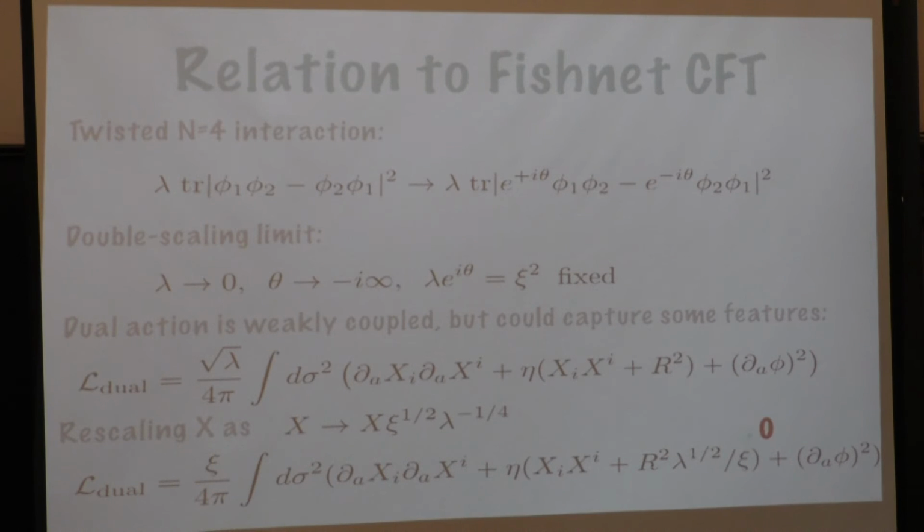So you can say that lambda to 0 is the limit when the radius of AdS goes to 0, the limit when AdS collapses to a light cone. The same is true about S5, which will also collapse to a point. So the expectation from this naive limit is that we should get something on a light cone, and we'll see whether it's true or not.